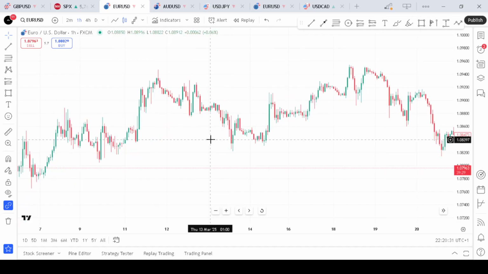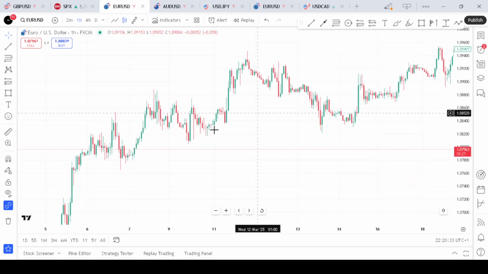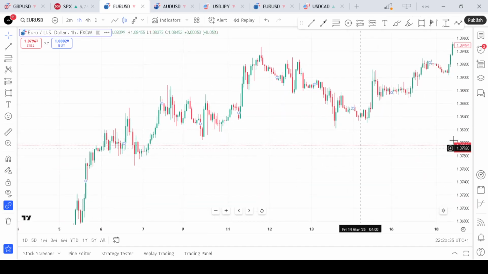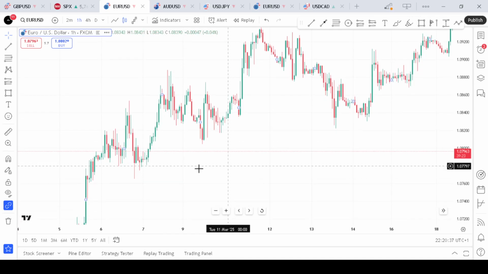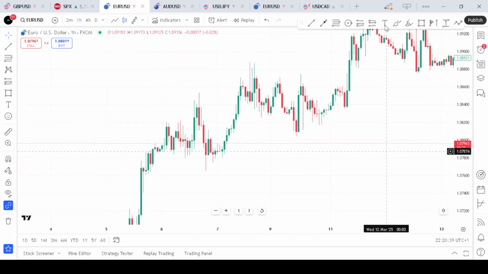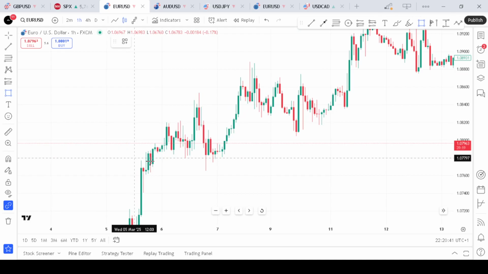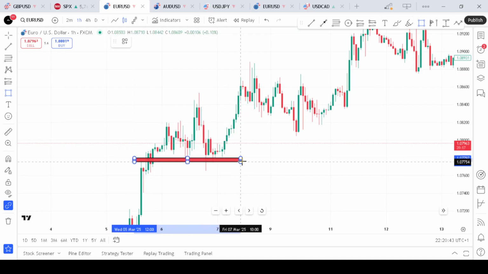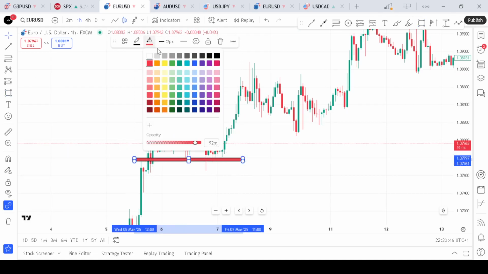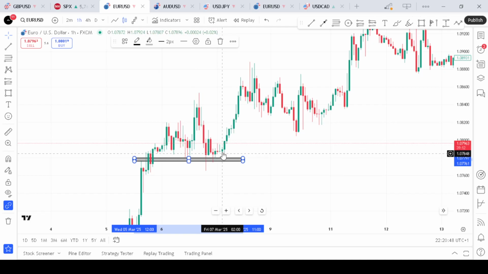The first step is to spot the pattern on your chart, and as we can see at this area, we have spotted our 3 blind mice pattern at this area in price. We can see 1, 2, 3.